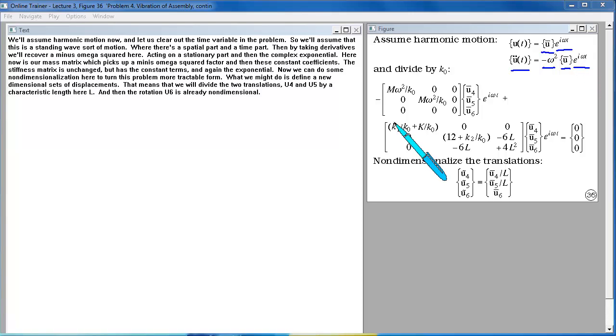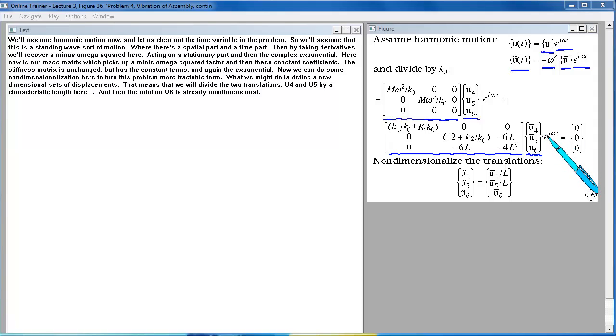Here now is our mass matrix, which picks up a minus omega squared factor, and then these constant coefficients. The stiffness matrix is unchanged, but has the constant terms and again the exponential.